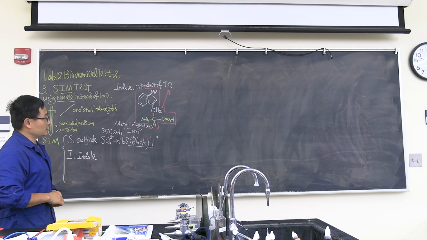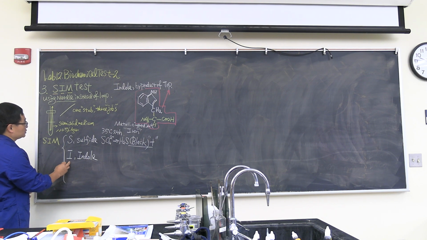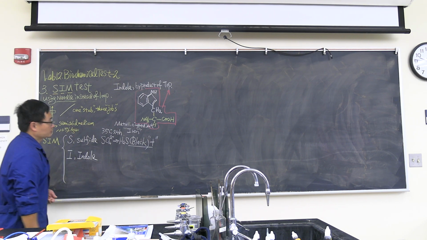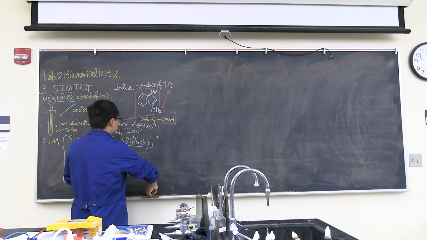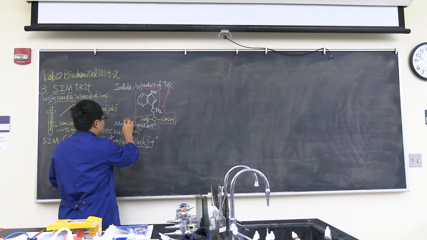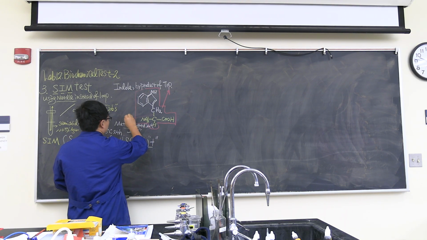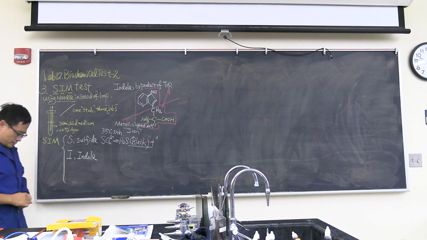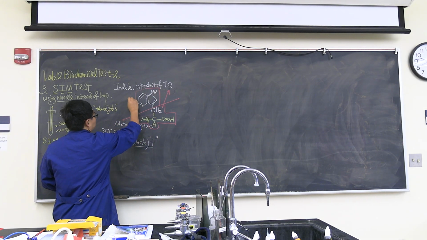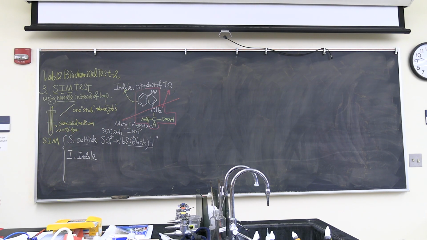So why do we say the byproduct of tryptophan? If bacteria can use tryptophan, it will be split, not here, but from the middle. And this part is indole. Now, how do we know bacteria created indole?